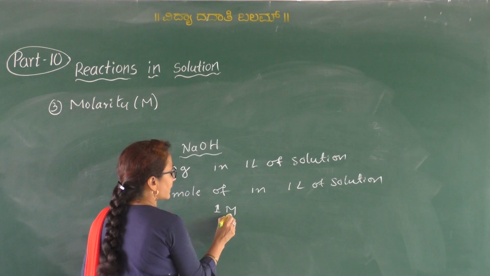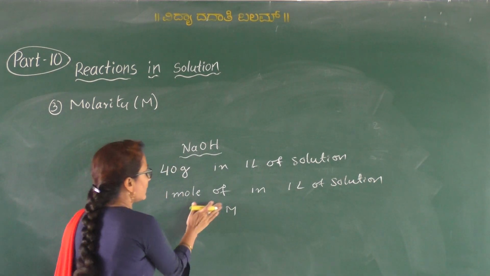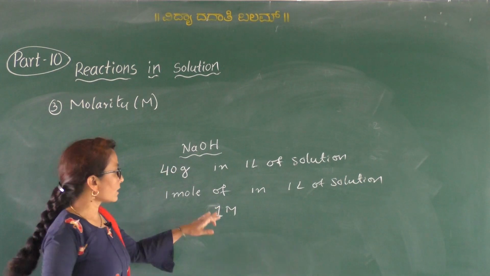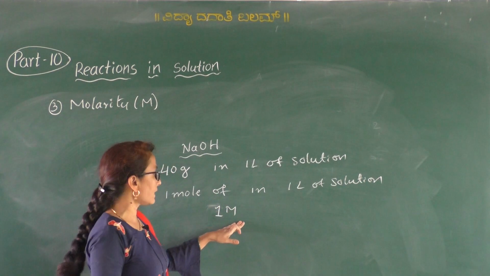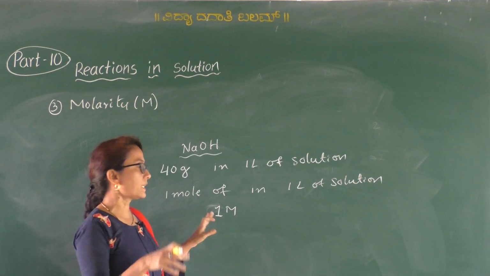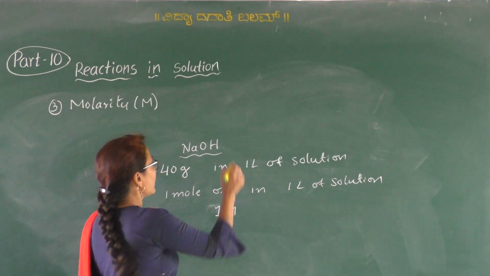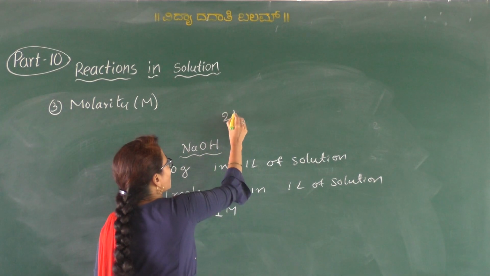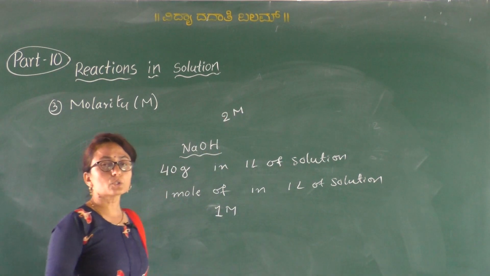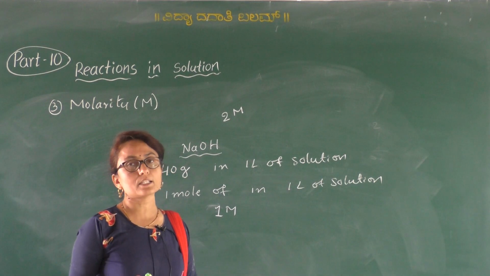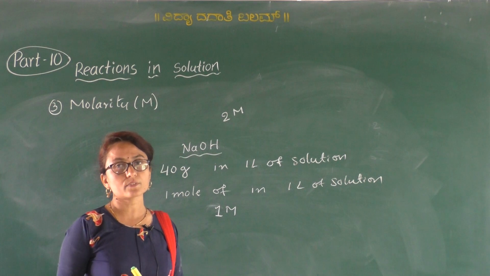Molar, that is capital M, represents it. So, that is known as a 1 molar solution. A 1 molar solution means that 1 mole of solute is present in 1 liter of the solution. Similarly, if the solution is 2 molar, 2 moles of solute are present in 1 liter of the solution.